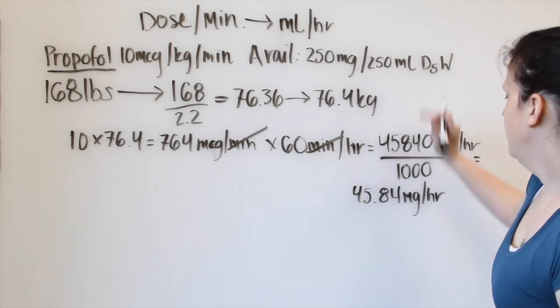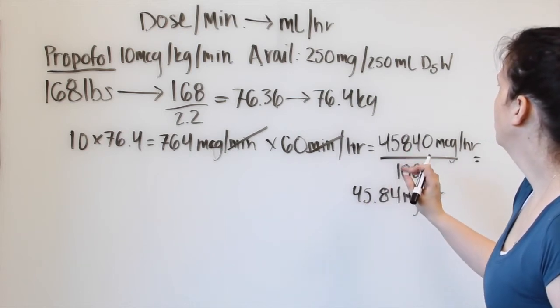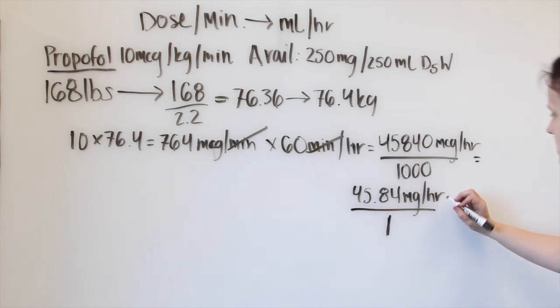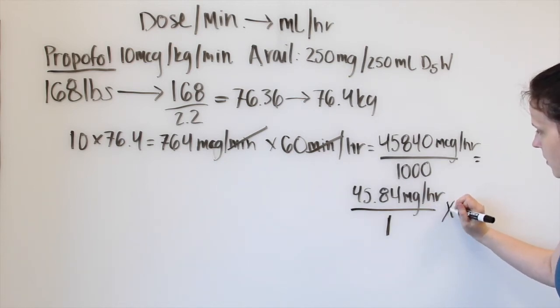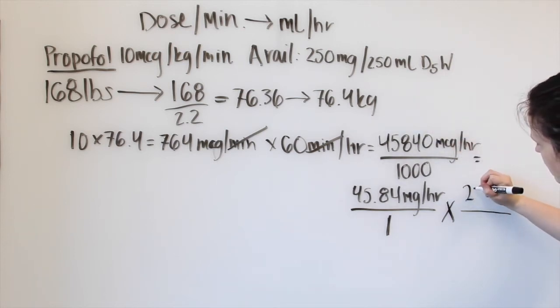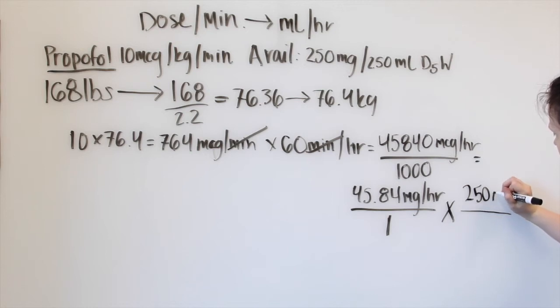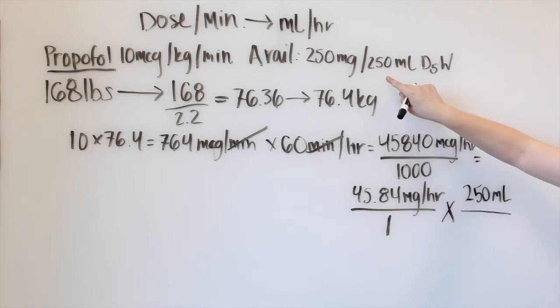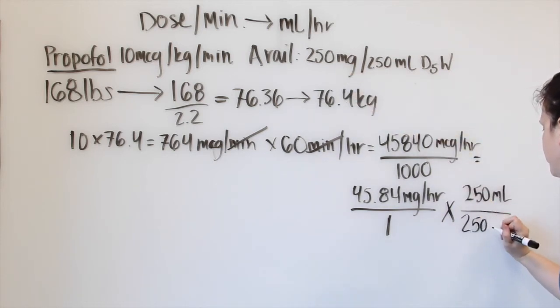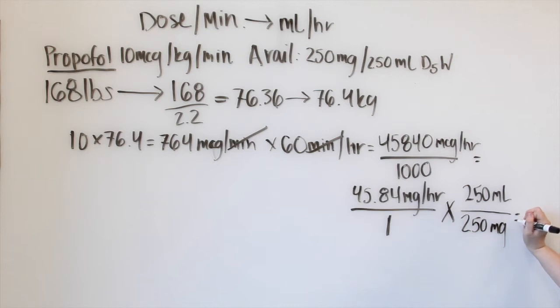So now we're going to figure out how many milliliters that we need to put. We're going to put this over 1 because it stands alone again. And we're going to multiply by, and remember, we always put the total amount of the fluid available, and then we put the milligrams on the bottom. And you'll notice something fairly quickly here.